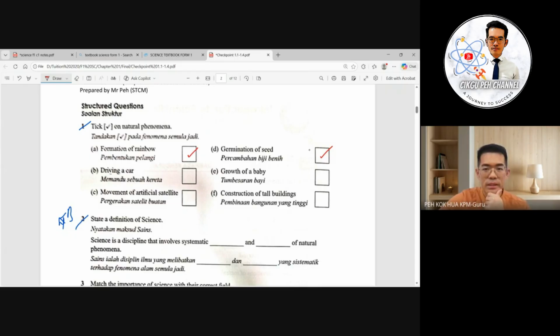Growth of a baby, yes. Construction of building is related to science, but it's not a natural phenomenon. So the answer should be 3 only. They must be natural phenomena. So the answer is A, D and E. So formation of rainbow, germination of seed, growth of a baby.